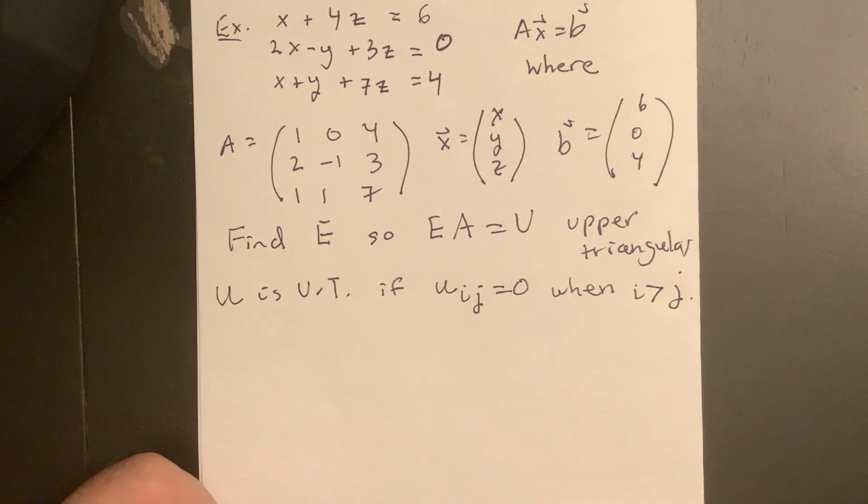That's the definition of upper triangular. The bigger rows would be the bottom triangle, right? Okay, so I want to find a matrix E, square 3 by 3, so that when I multiply A, I get an upper triangular matrix U.